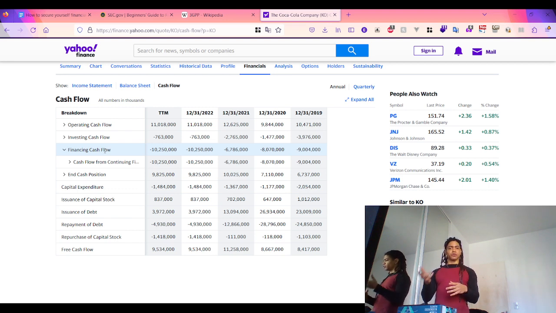So, if a company wants to raise capital by issuing financial debt instruments. Financial debt instrument.